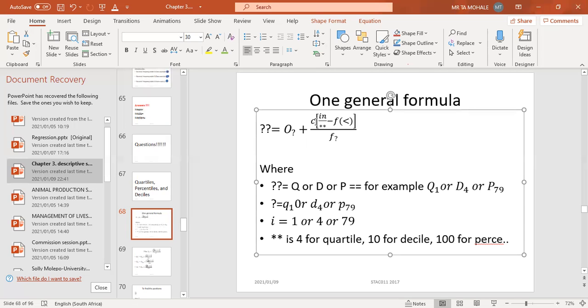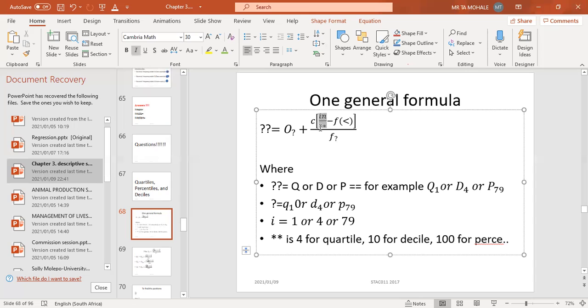The value of C, you know it is the class width, the difference between the class limits.